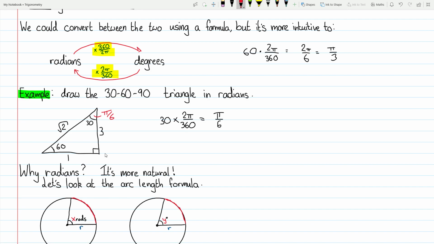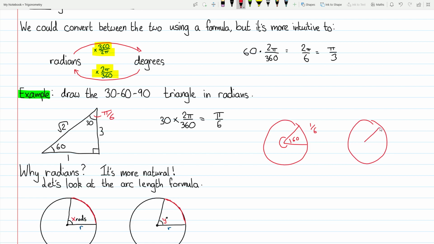What about this one here? Well, instead of thinking about it in terms of this transformation, notice how if you think of the whole thing being 360 degrees, 60 is going to be roughly about here. And that's 1/6 of the entire rotation.